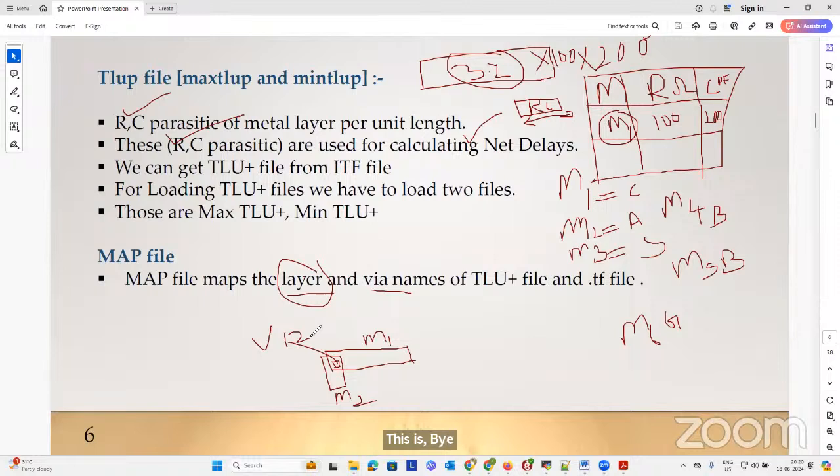It has to use an alloy of copper and aluminum, and that is how the fab people will design it. This information we will have in the map file or the .tf. Okay, clear, everyone? So far? Clear, participants? Ishwar, Tarak.